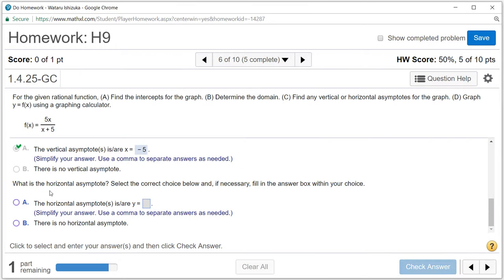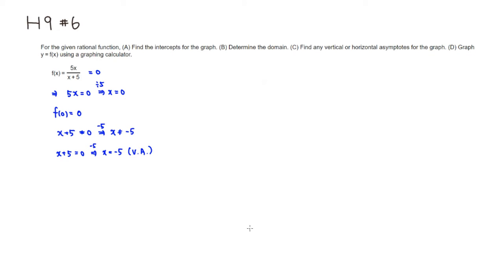And we want to find the horizontal asymptote. To find the horizontal asymptote, you look at the degree on top, which is 1 here, and the degree on the bottom is 1. When you have the same degree on top and bottom, you look at the leading coefficients, which is 5 on top and 1 on the bottom.